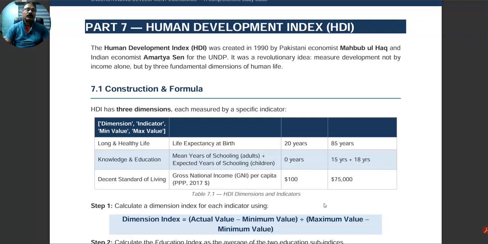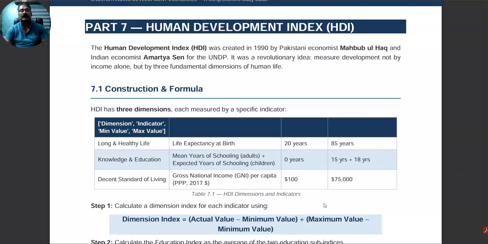Knowledge and education is divided into two parts: mean years of schooling for adults, plus expected years of schooling for children. And the decent standard of living is measured by per capita GNI, gross national income.